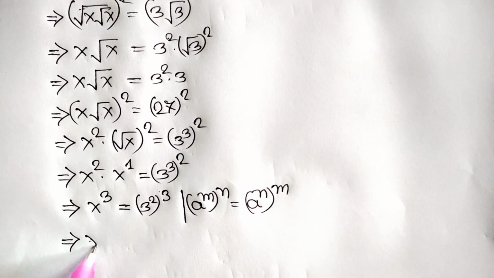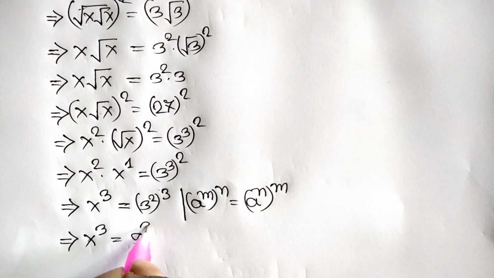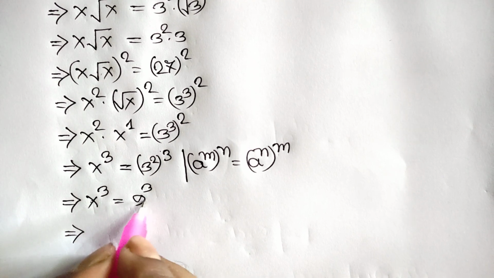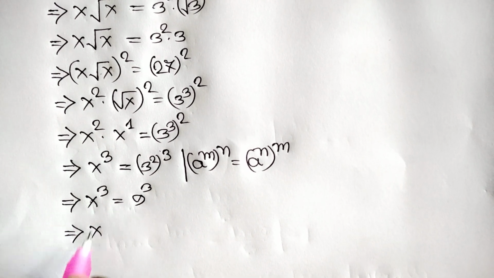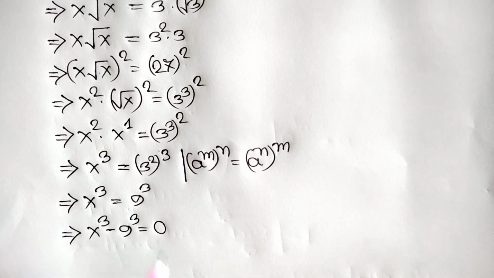Or x cube is equal to 3 square, that means 9, and this cube. Taking this 9 cube to the left side, we get x cube minus 9 cube is equal to 0.